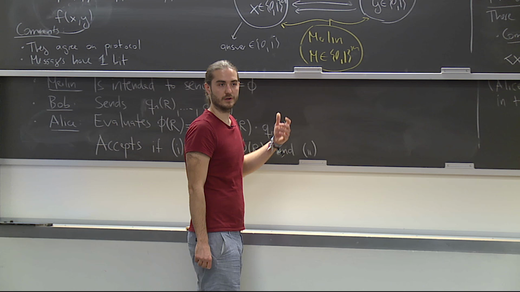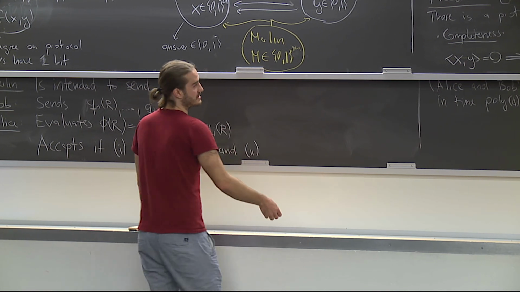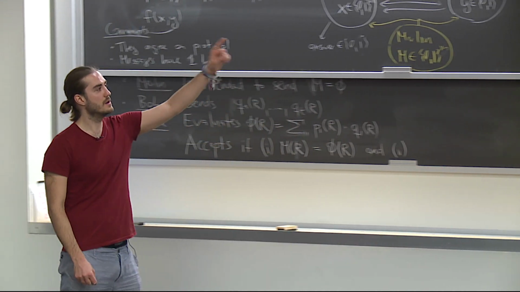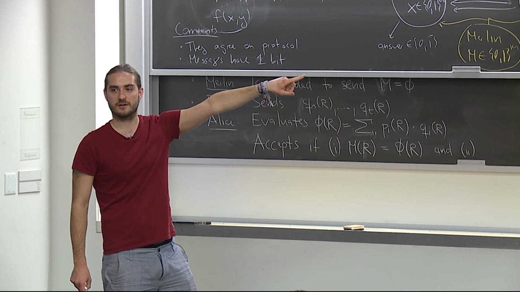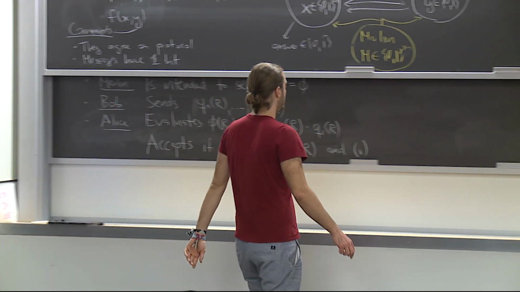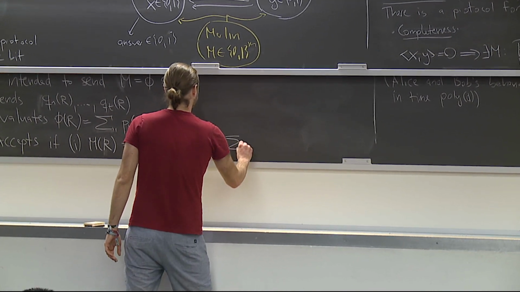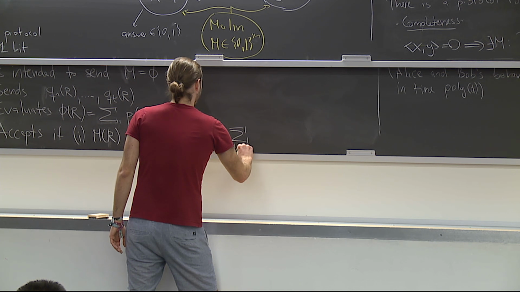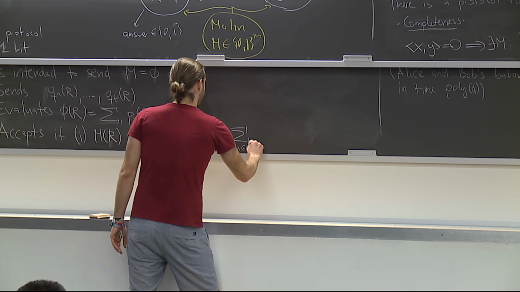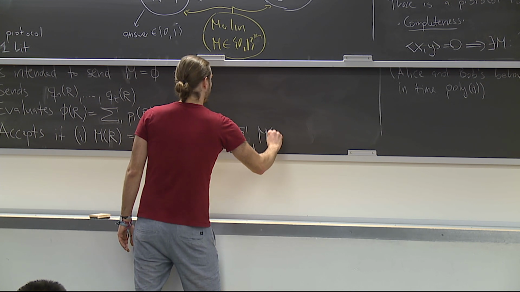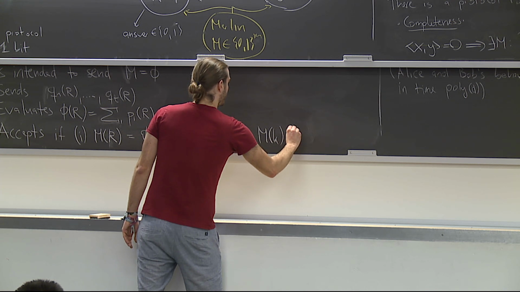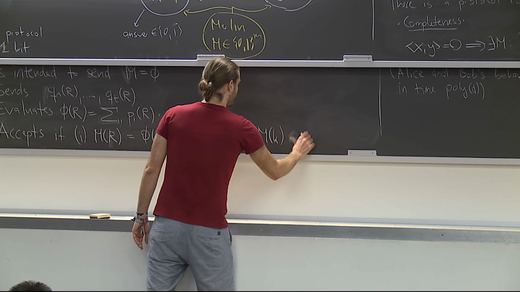For this, she's now going to trust Merlin. Merlin says, I send you the polynomial phi, and from phi, you can read off the inner product. So the second thing she's going to check is whether the sum over all elements k of Merlin's polynomial evaluated at k is 0.